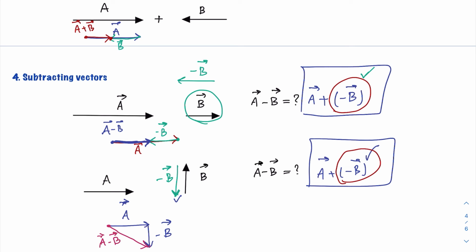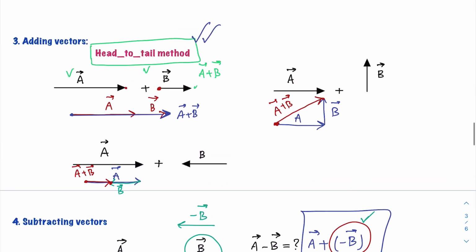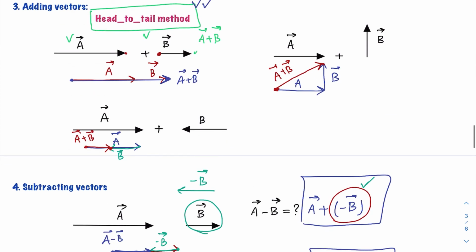And remember, in all these examples where we drew resultant vectors graphically, we can calculate the magnitude of the resultant vector if the magnitude of each vector is given. For example, this case is addition, and here is subtraction, as you see.